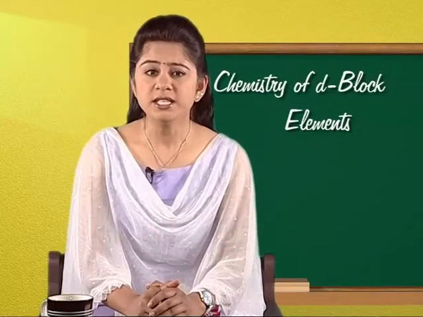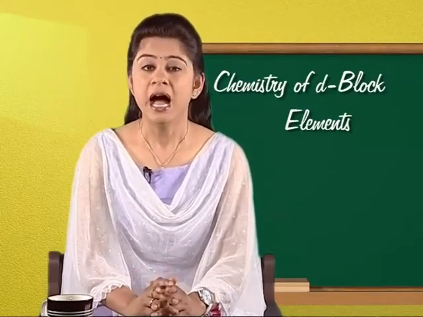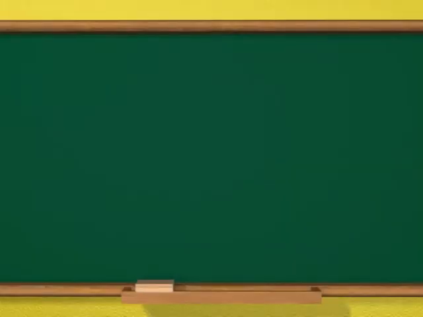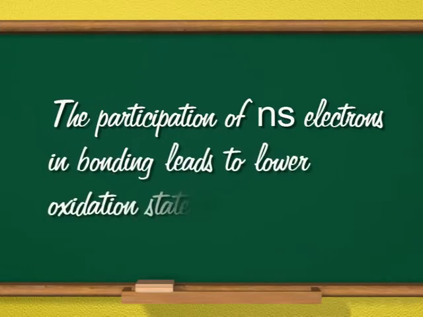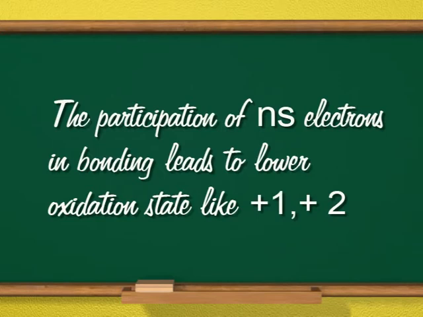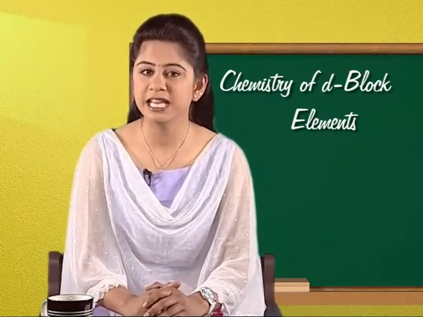Now, what is the reason for low oxidation states or high oxidation states? The participation of ns electrons in bonding leads to lower oxidation states like +1 and +2. And what is the reason behind higher oxidation states?